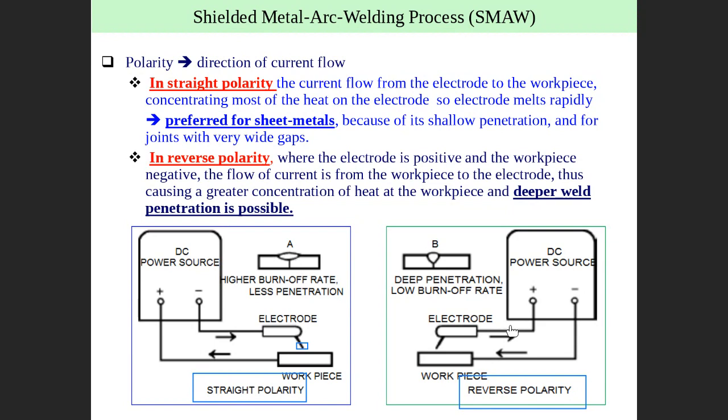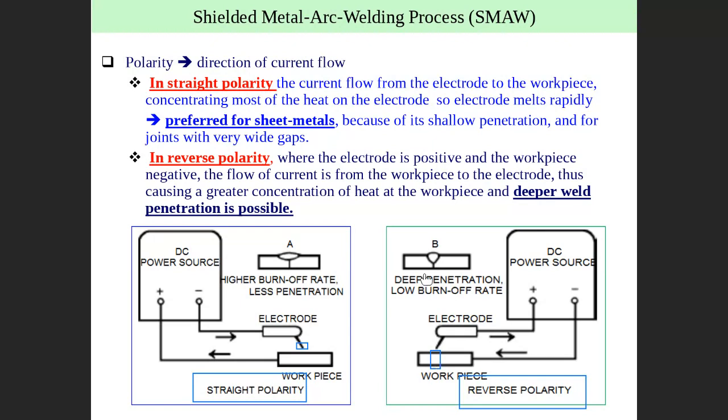In reverse polarity, the current passes through the workpiece to the electrode, meaning the temperature will become very high in the workpiece. This leads to the workpiece melting quickly and easily, and this is better for deep weld. The other one is better for sheet metal weld, meaning small thickness.